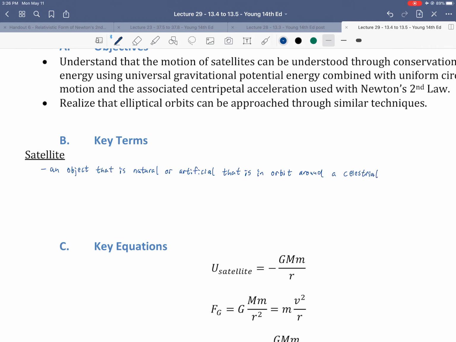You can orbit moons as well. Okay, there are satellites of the moon. All right, so these are artificial objects that have been placed in orbit around the moon. All right.